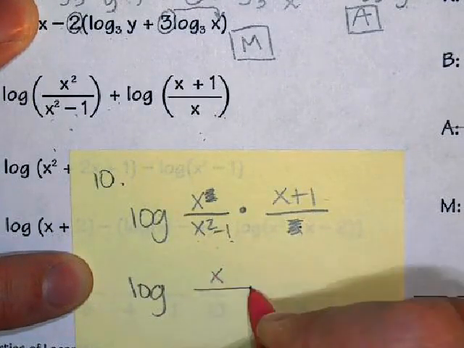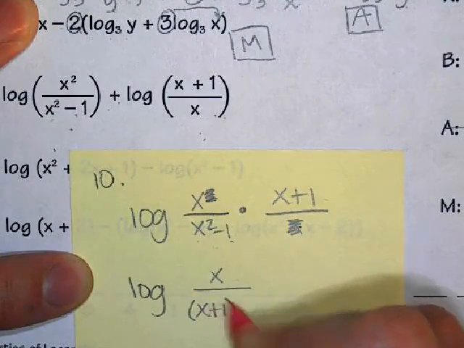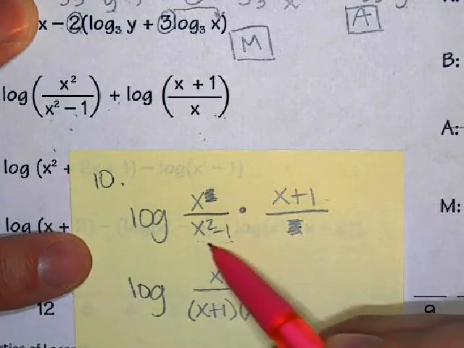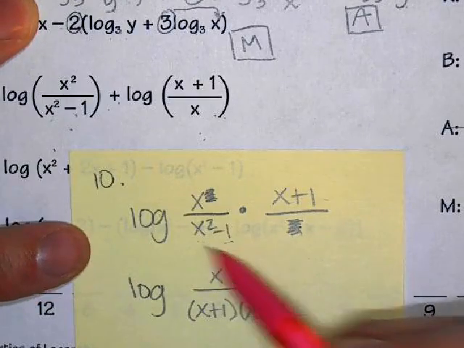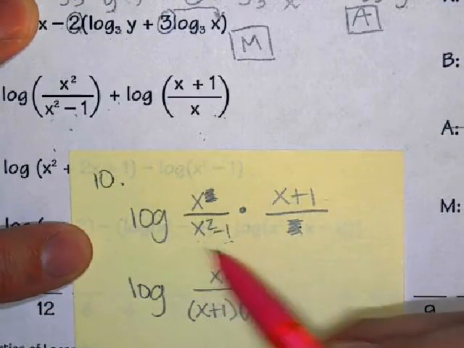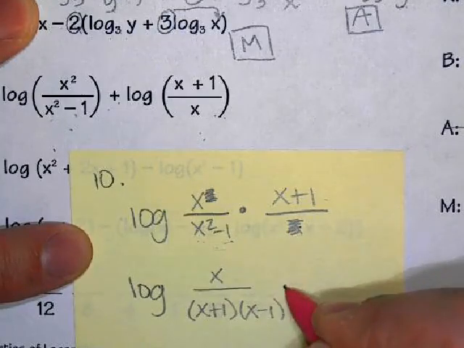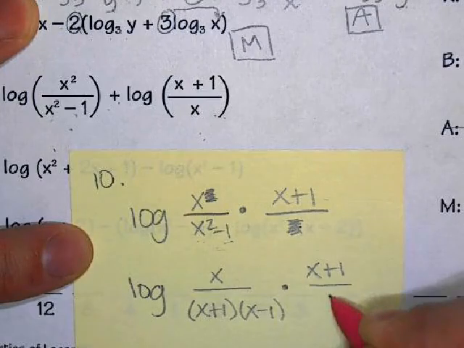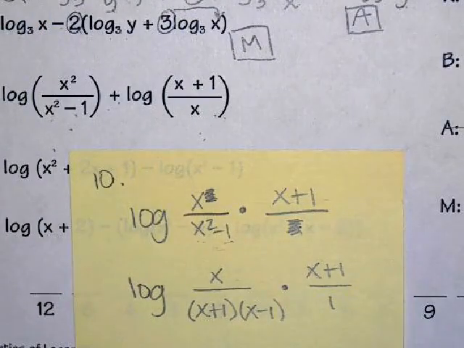On the bottom here, this was called difference of squares. It was a quadratic that was called difference of squares. It can be factored. And then on the top, we have x plus 1 over 1, because we canceled it out. And so what can reduce this time? The x plus 1s.